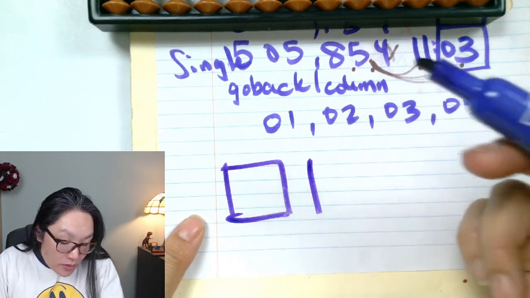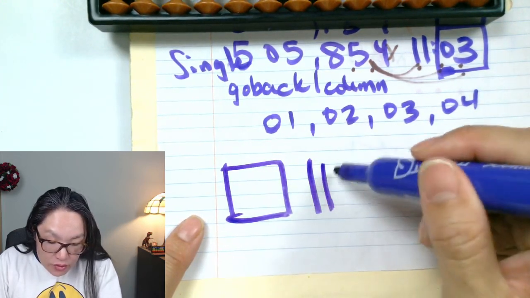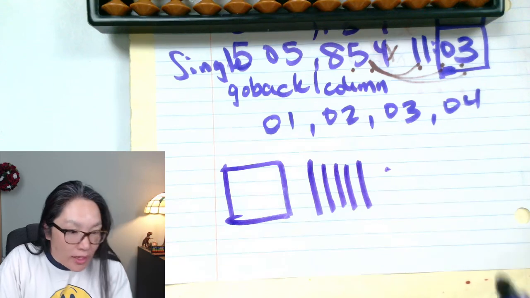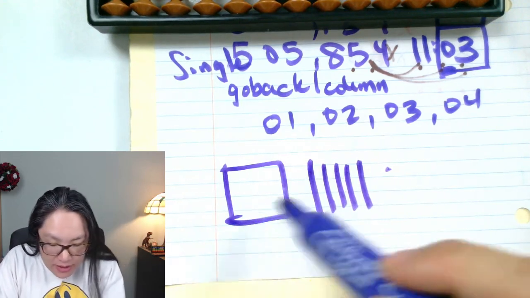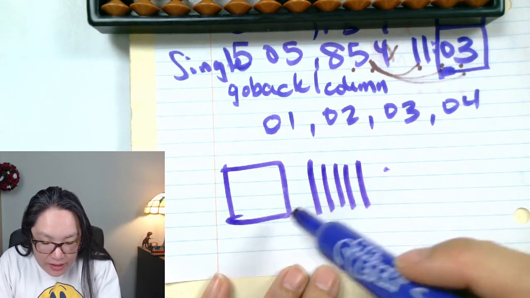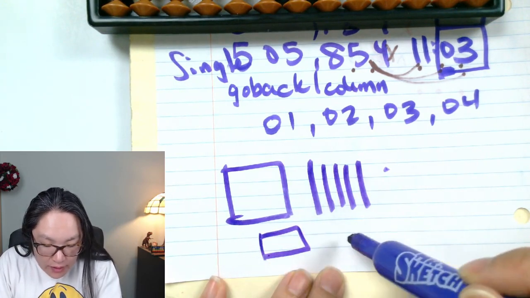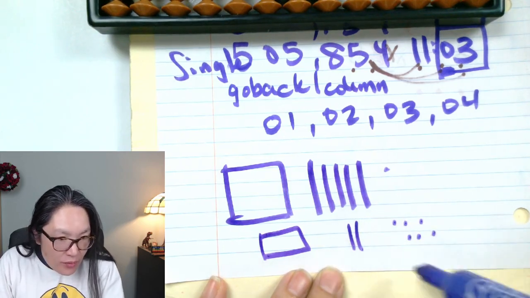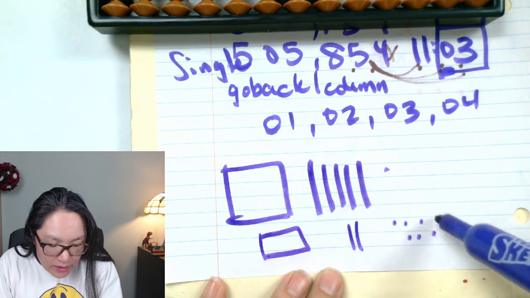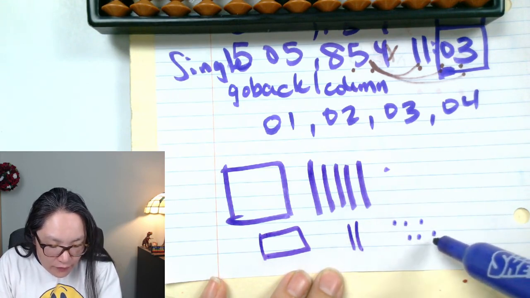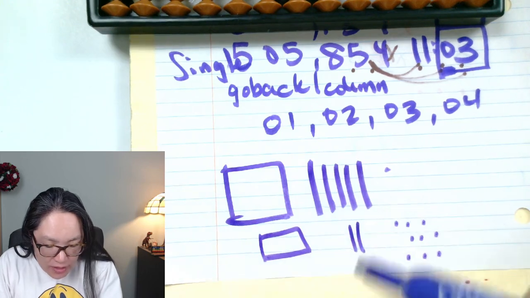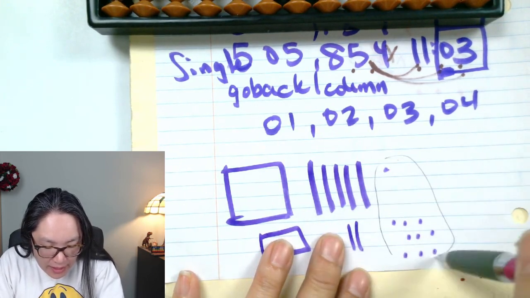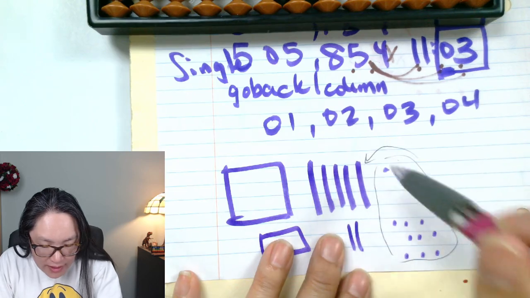And then I have 1, 2, 3, 4, 5 rods, and then I have one dot. Then they figure out, what if we add another 100, and then add two more, and then we have 9 dots. So then people are like, okay, this is going to equal 10, so we have to convert it to a line.